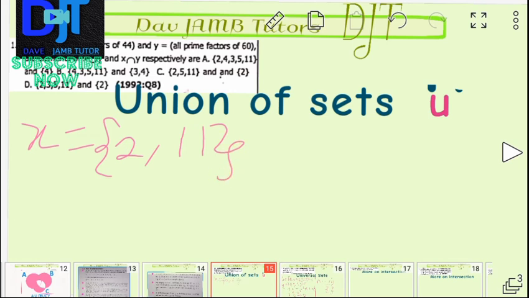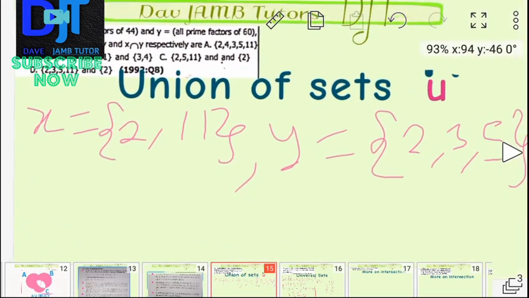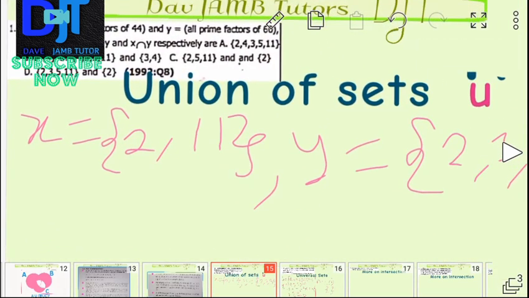Now they said y equals all prime factors of 60, and that is 2, 3, 5. Now they said the elements of x union y and x intersect y respectively are.